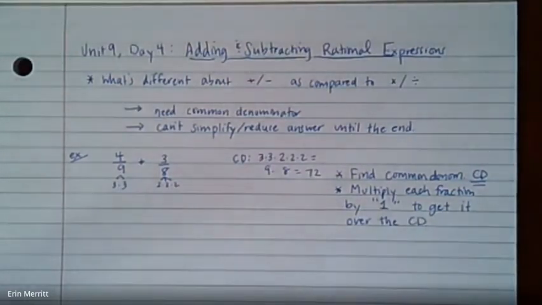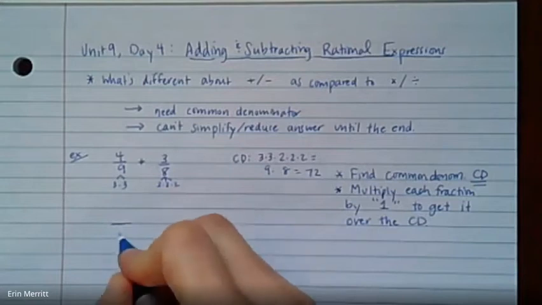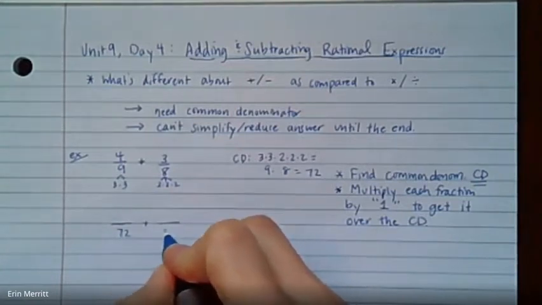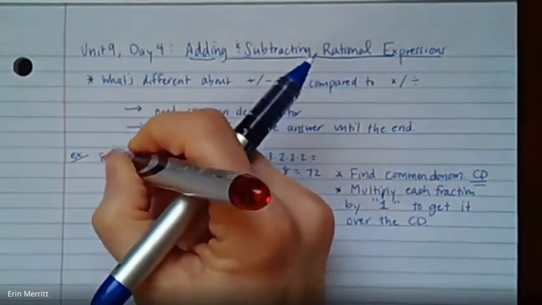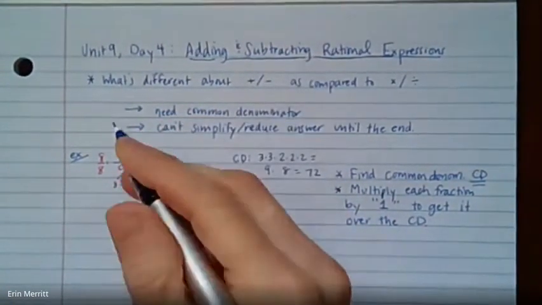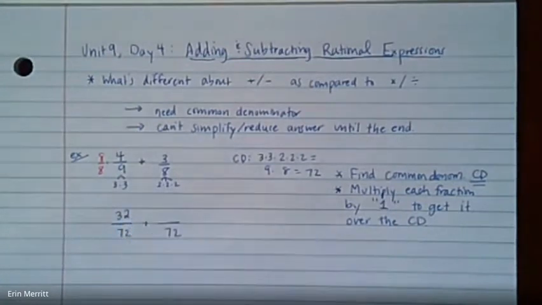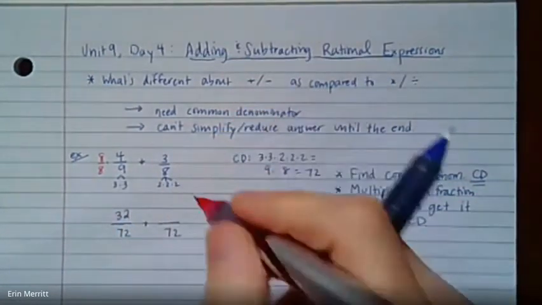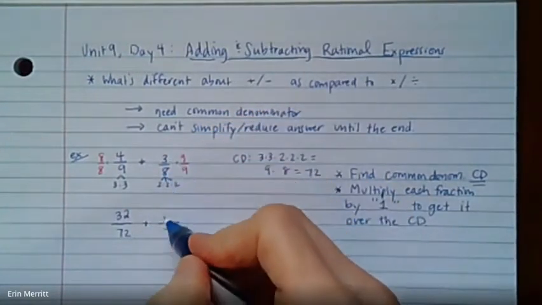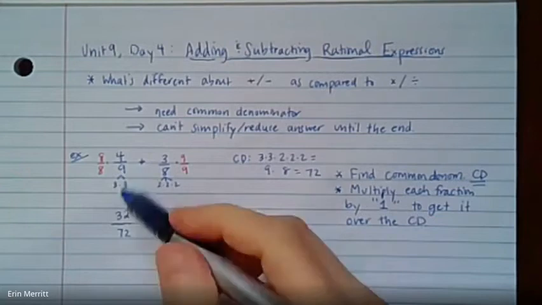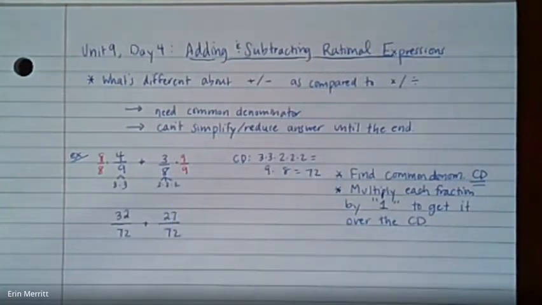So instead of 4/9, what do I need to multiply by so that this will be something over 72? Here I would need to multiply by 8/8. This gives me 32/72. And I would multiply this one by 9/9, which is equivalent to 27/72. So equivalent fractions, just now with the common denominator that we want.